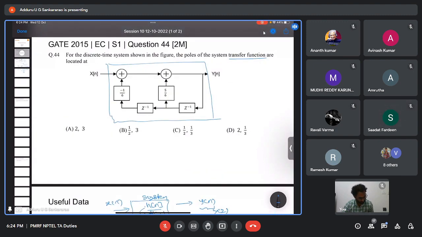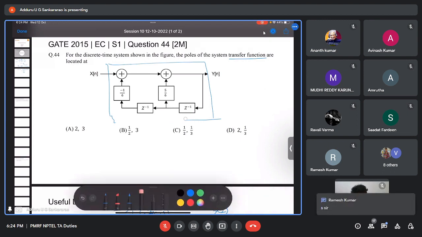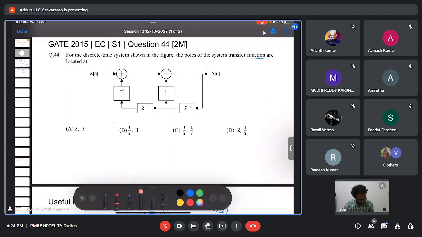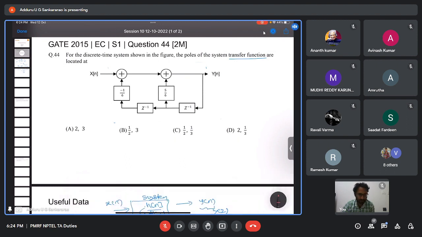Now if you see here, this is y of n. This y of n is passing through the z inverse block.